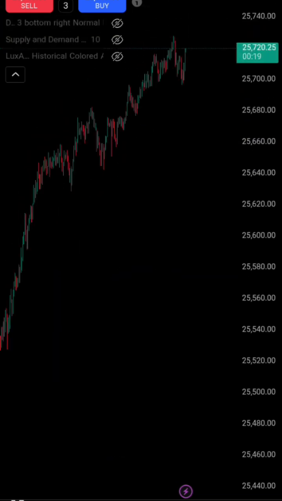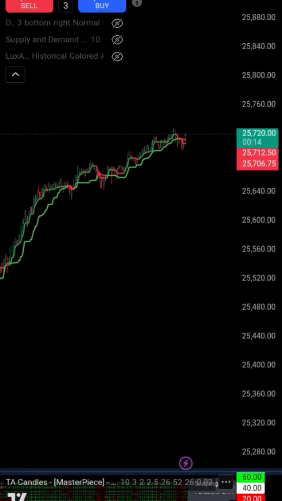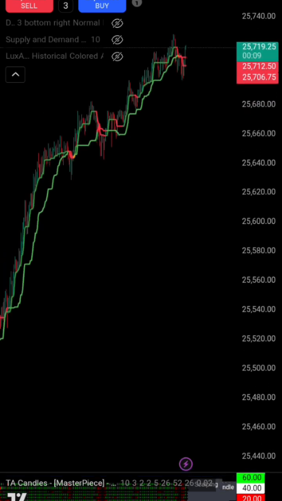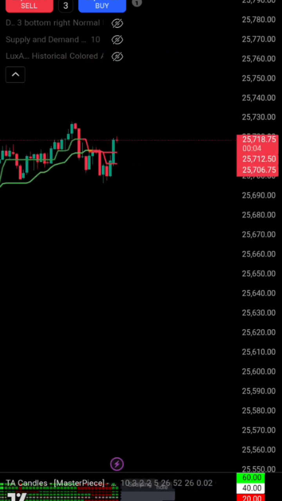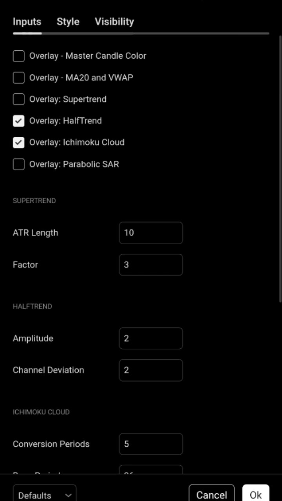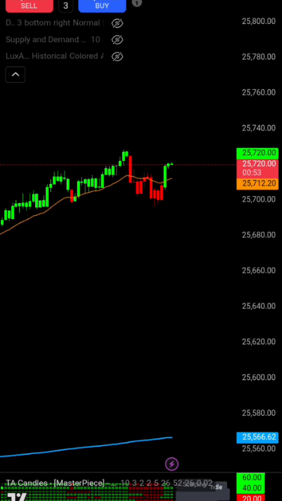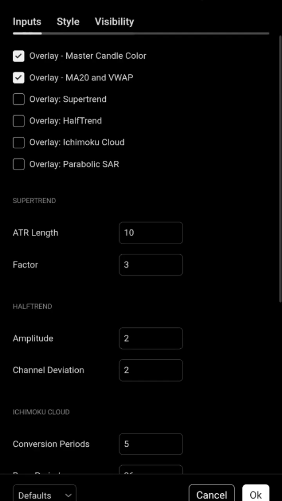We're going to look at options as well. So the options is the one that everybody asks about the colors on the chart, and it's just the options indicator. And so if I turn this on default, I'm going to go to settings and I'm going to default it, reset. So this is what it looks like on default. So the default settings is going to be with the VWAP and the 20 moving average.